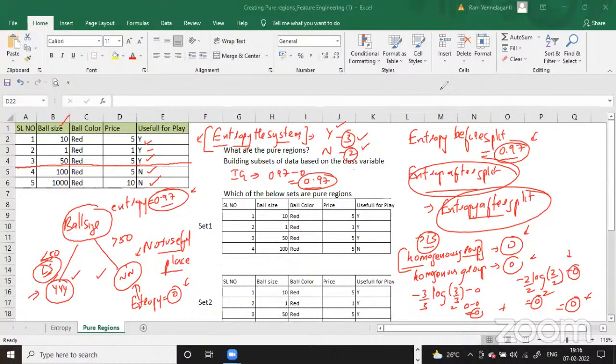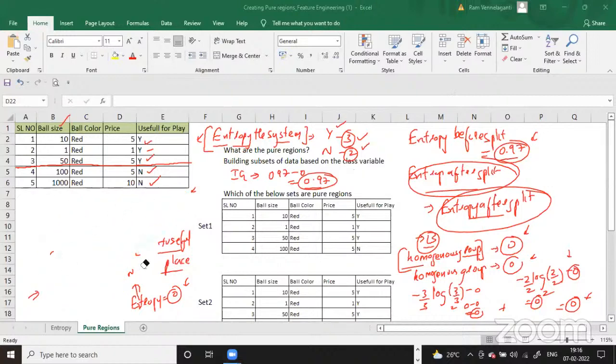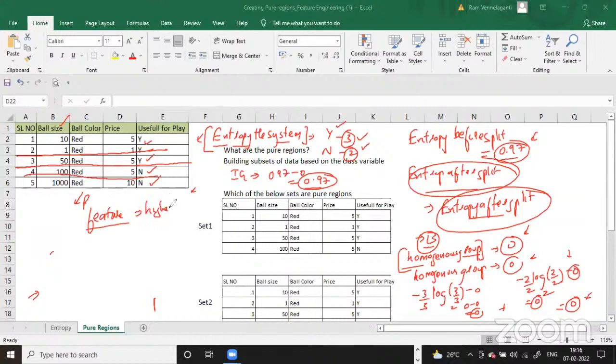So like this, you have to experiment with different features and different split points. And then whichever feature is going to give you the highest information gain, whichever feature is going to reduce your entropy by the maximum extent, that feature you are going to call your root node.